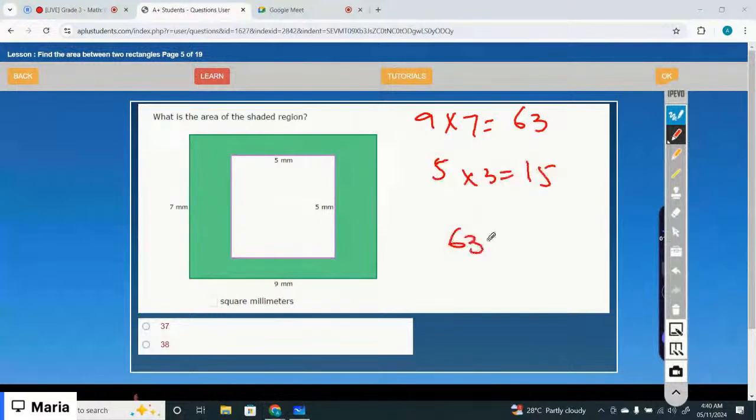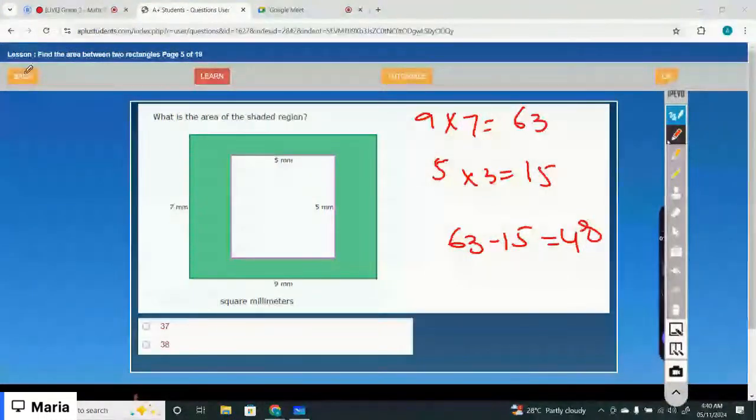So just subtract 63 minus 15 is 48 it is, but you are not given the correct option again, right?